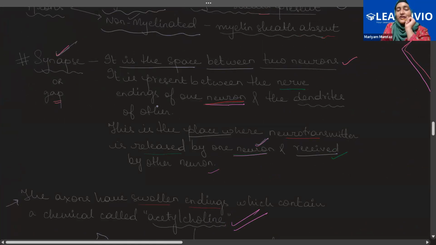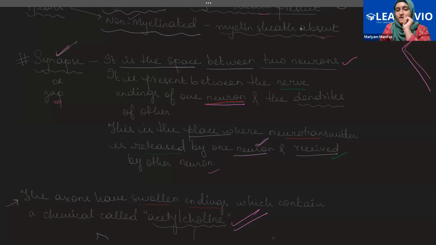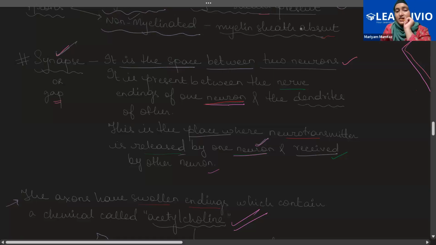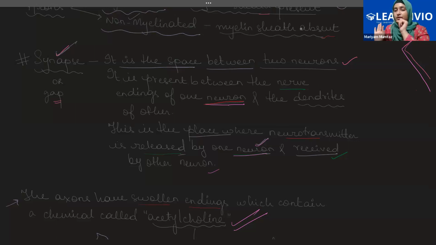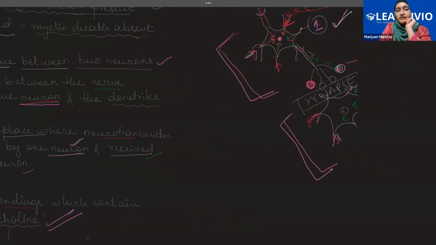And what is the significance of this particular space? It is the place where neurotransmitters are released by one neuron, and once they are released by neuron number one, they get received by neuron number two. So that is the function of the synapse.